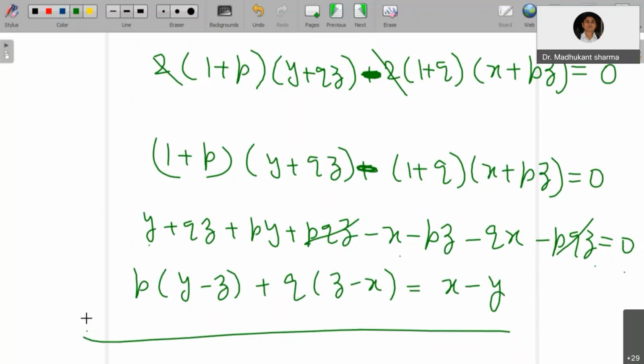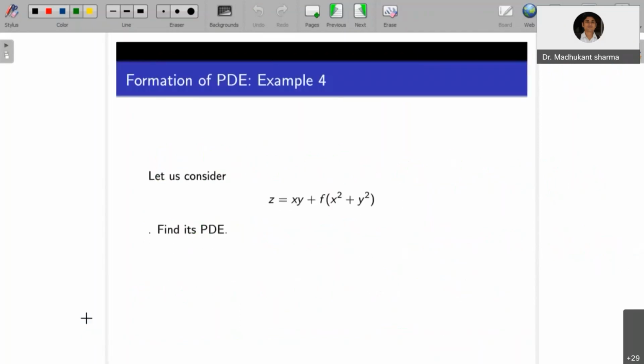Now, let's go further. Next problem. Let us consider the following integral surface: z equals x into y plus f of x square plus y square. So it will denote a family, any function of x square plus y square. So f is an arbitrary function. One arbitrary function corresponds to the first order, so a first order partial differential equation will be there.